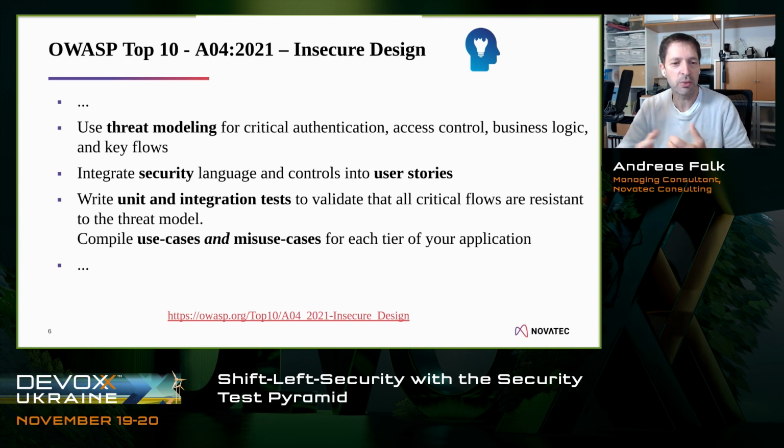And also compile use cases and also misuse cases for all parts of your application. So also write a misuse case from the perspective of an attacker, what an attacker may want to achieve for one of your business functions, for example. So these are all parts for the new topic on insecure design on the new list.